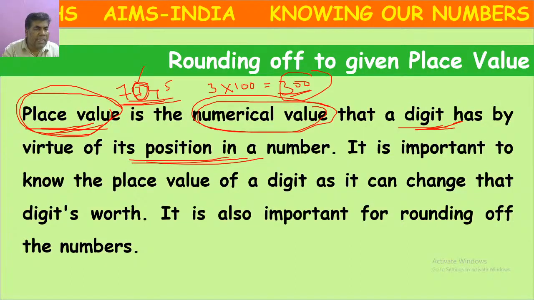How is 3 getting the value of 300 here? Because of its position. It is getting this numerical value because of its position.